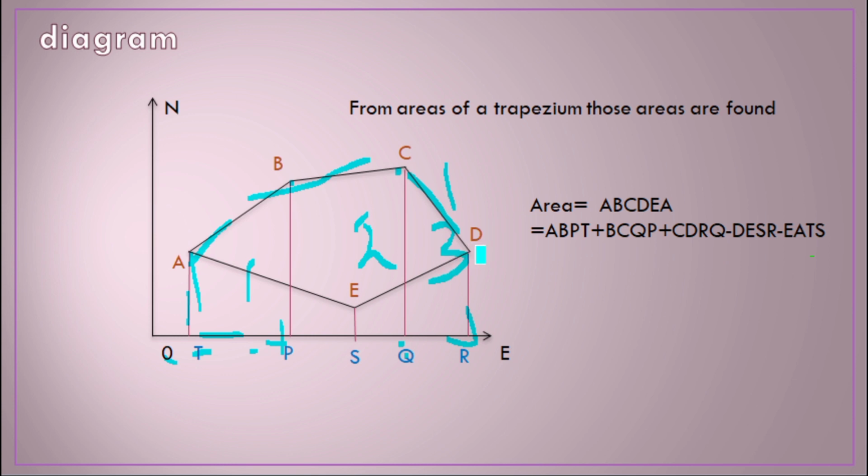So we subtract D, E, S, R, this trapezium 4 found here below the diagram, then minus trapezium E, A, T, S, this is another trapezium 5.